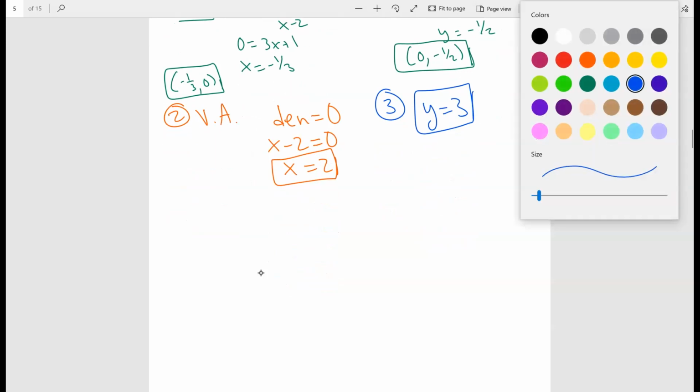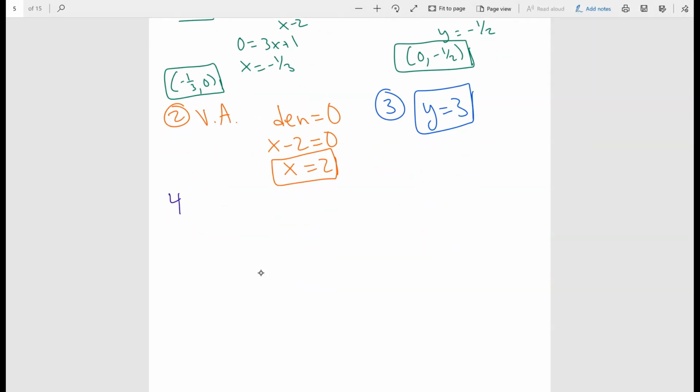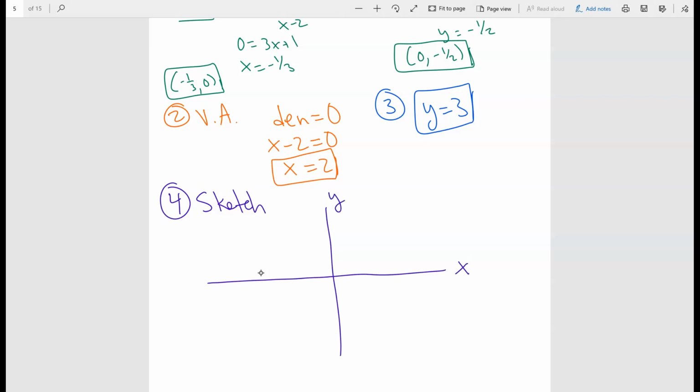And now finally, let's just go ahead and try to sketch this out. So let's sketch this. Okay, so I have my x and I have my y. My vertical asymptote is at 2. So I'm going to draw my vertical asymptote right there. My horizontal asymptote, my HA, is going to be at 3.